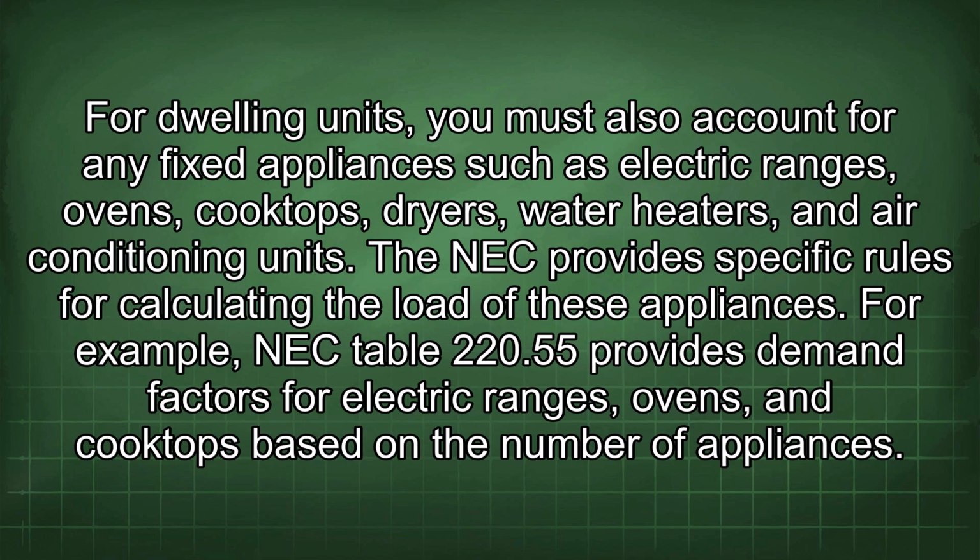For dwelling units, you must also account for any fixed appliances such as electric ranges, ovens, cooktops, dryers, water heaters, and air conditioning units. The NEC provides specific rules for calculating the load of these appliances. For example, NEC Table 220.55 provides demand factors for electric ranges, ovens, and cooktops based on the number of appliances.